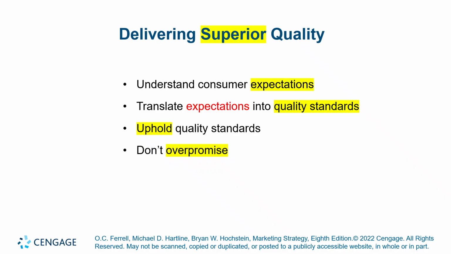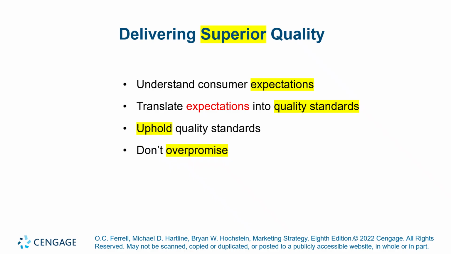Delivering superior quality. How do you deliver superior quality? First, you need to understand consumer expectations. What do they expect of you? What do they expect of your products and services? What's the level of expectation? What kind of things do they expect? Then you know their expectations.